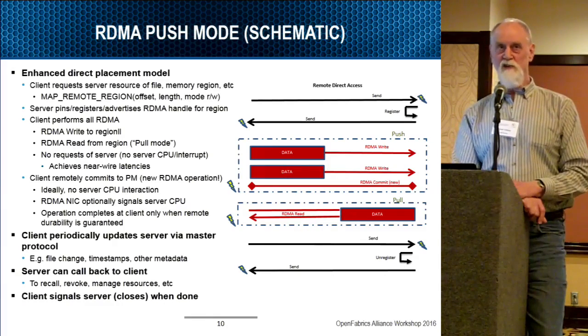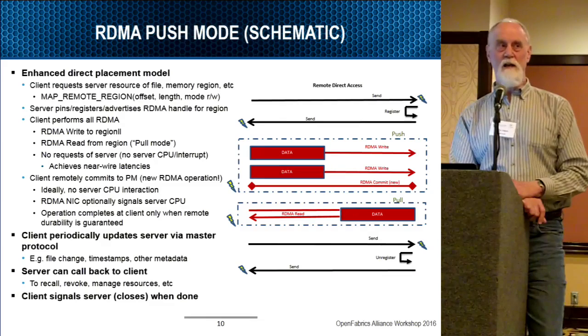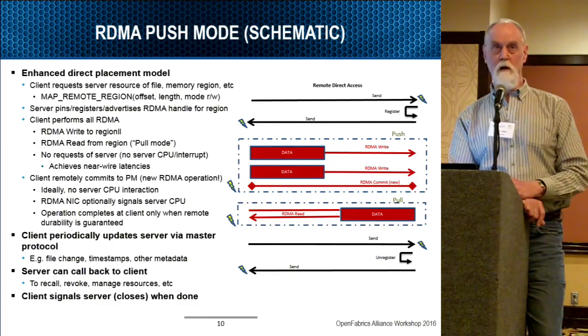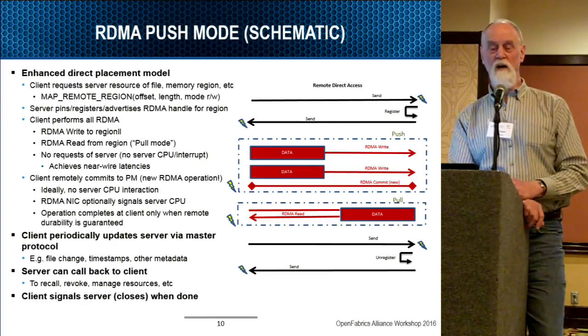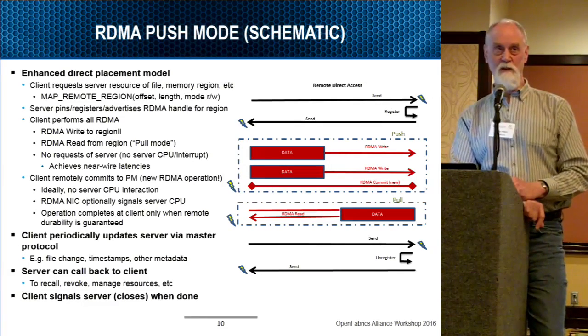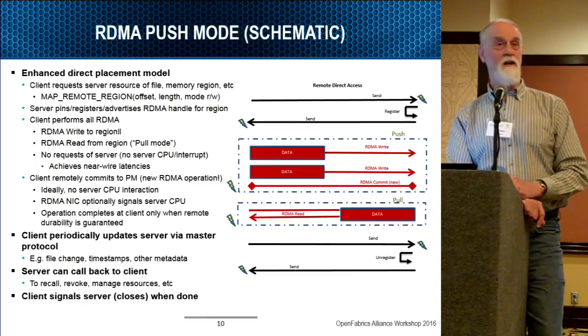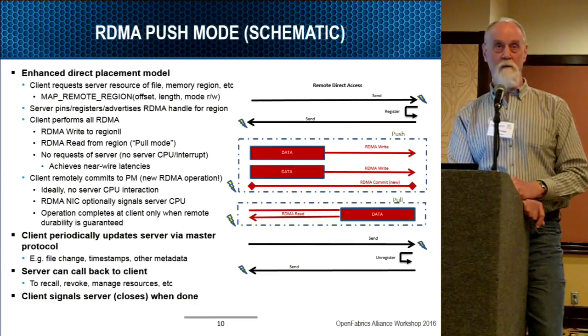Practically speaking, it's unlikely that the remote NIC will track each write and each byte of each region. And it may commit data outside of the range that you requested. Exactly. It must commit at least the data you requested, but it probably will do more. Our expectation is that the initial implementation will flush everything that's dirty anytime in the past and say, okay, I'm good. Which is fine.